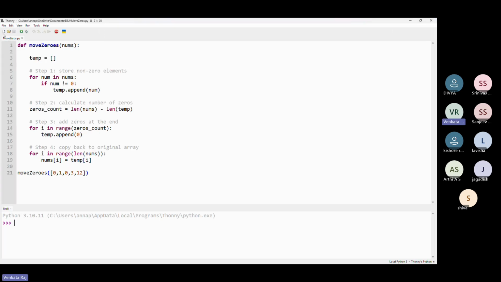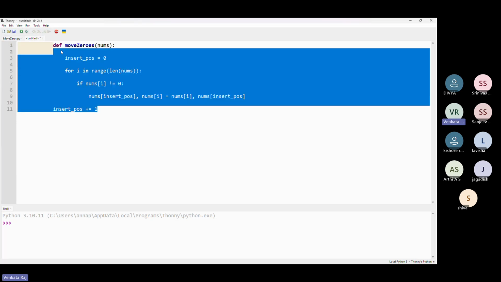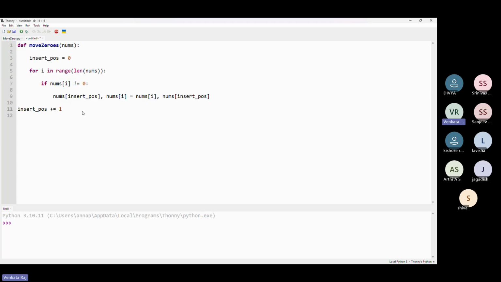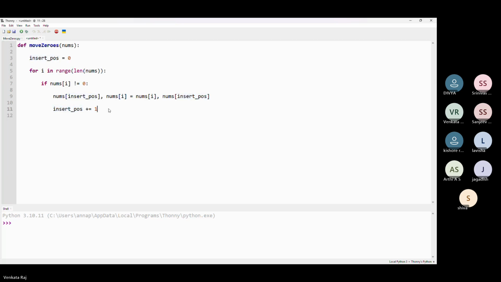This is the move zero that we saw last week, which is not the efficient one. And this move zero is optimal.